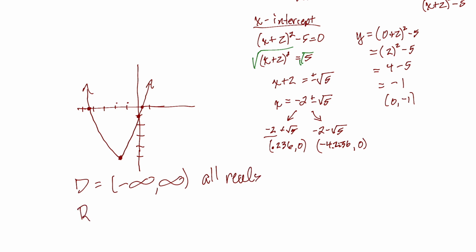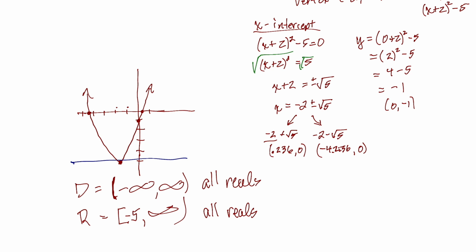Domain, let's see, that starts down at negative 5. I should make this look more like a parenthesis. And goes to infinity and beyond. Or could you say all real numbers greater than or equal to negative 5? Yeah. The range, let me switch colors here. The range starts down here at negative 5. The range is what it does going this way, up and down.